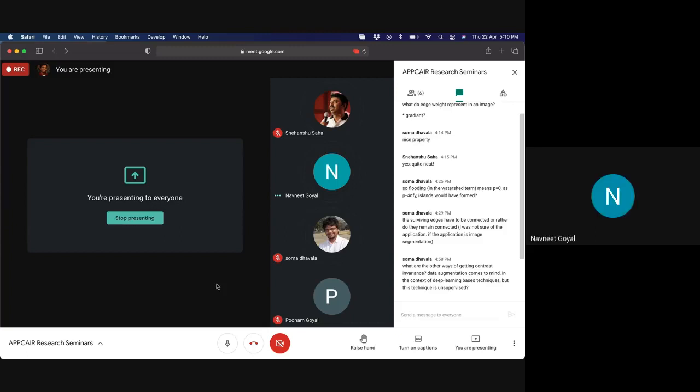We didn't find any articles at all which use contrast invariance, so we thought, why not do it?